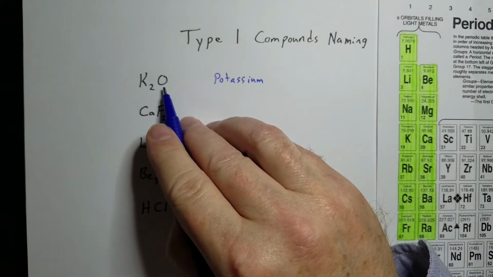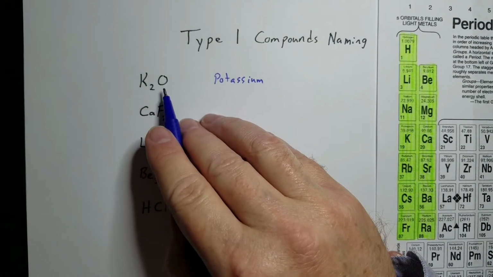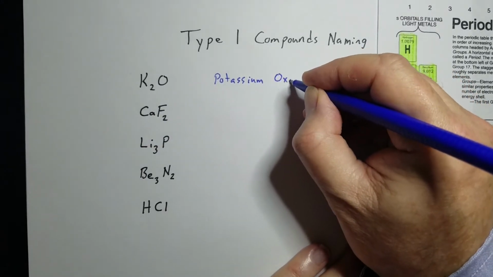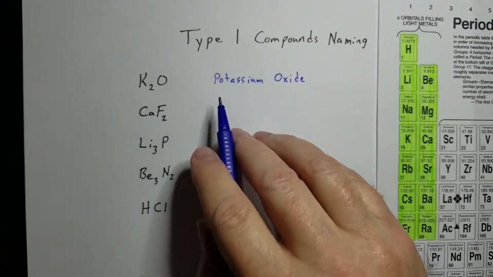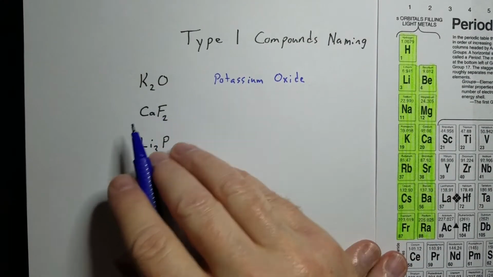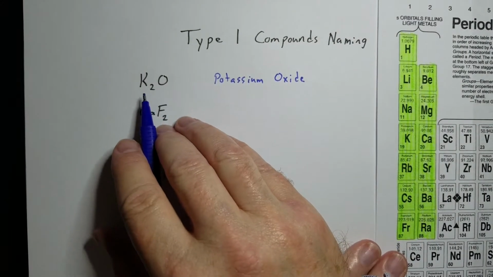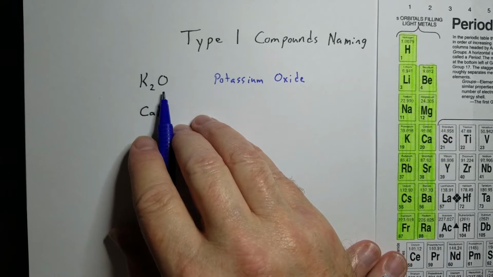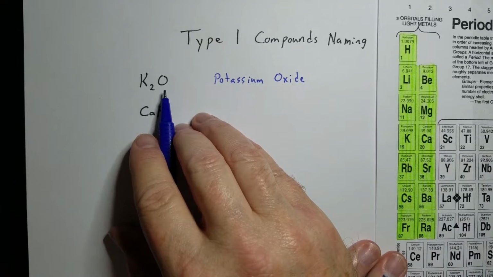And then that's oxygen, but we wouldn't call it oxygen, it would be called oxide. And that's it, potassium oxide. So again, take the name of the element for the first one, just write it out. And then for the second element, you want to use the root word and then IDE.